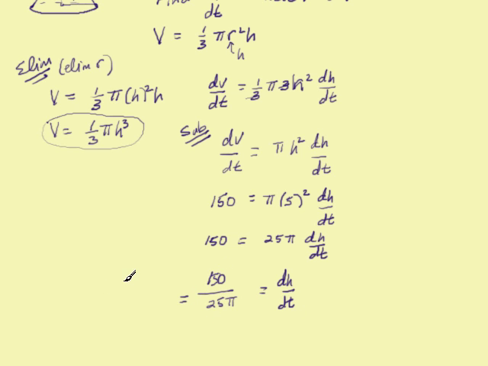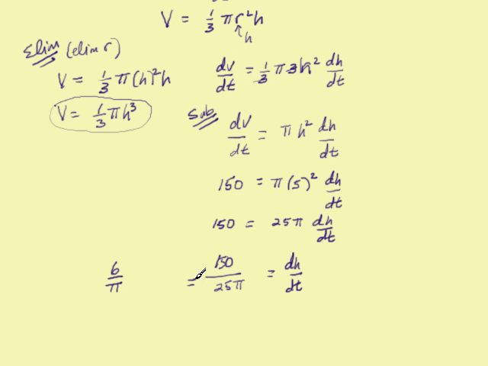And reduce that, and we have 6 over pi. The units here are feet and minutes, so dh/dt would be feet per minute.